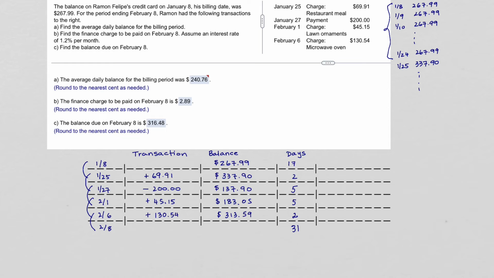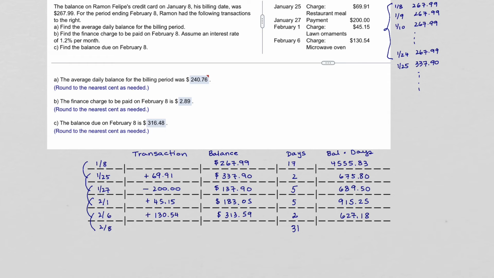Let's see what's next. So now we want to add up basically the balance for all 31 days. We want to add up all 31 of those balances, but the way we're going to do this is we're going to multiply the 267.99 times 17 days. And so I'm going to put this on pause while I figure out all those numbers.